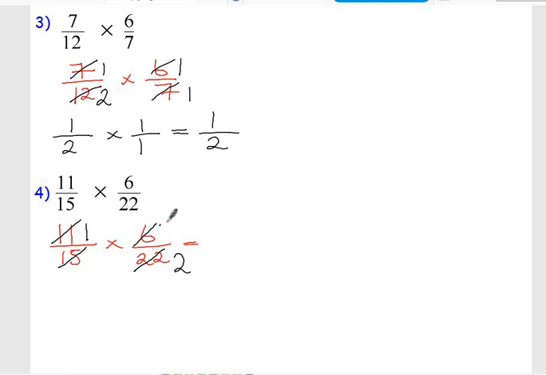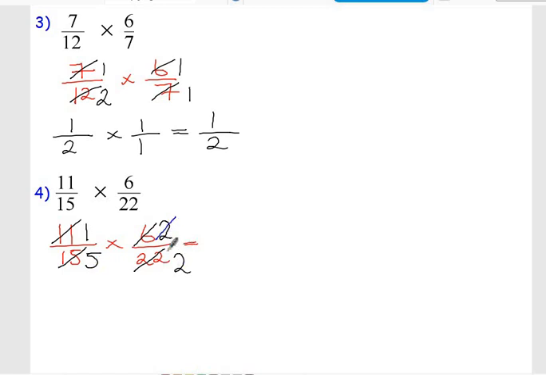3 goes into 6 twice. 3 goes into 15 5 times. Well, if we look here now, can I cancel vertically? We're left with 1 and 5 on this side, so there isn't a number bigger than 1 that goes into these. But on this side, I've got 2 and 2.